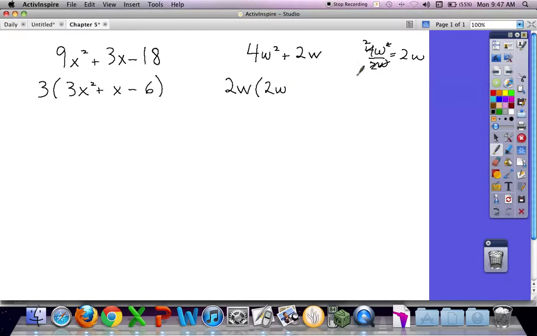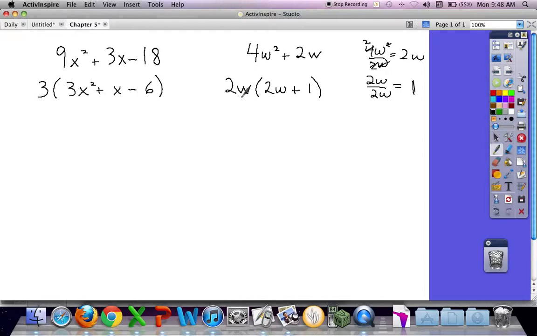What do I get if I divide 2W by 2W? Right? Well, whenever you divide something by itself, you get 1. And in fact, we need to write plus 1. Okay? If you take a 2W from 2W, you don't get 0, you get 1.